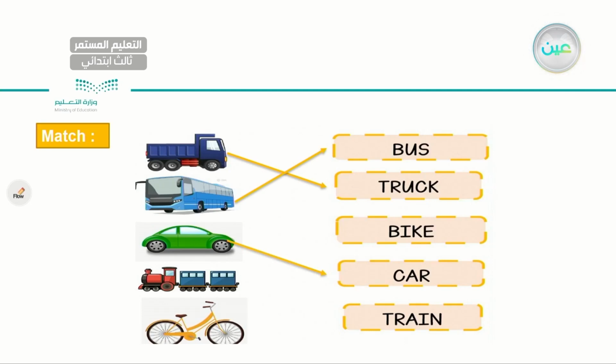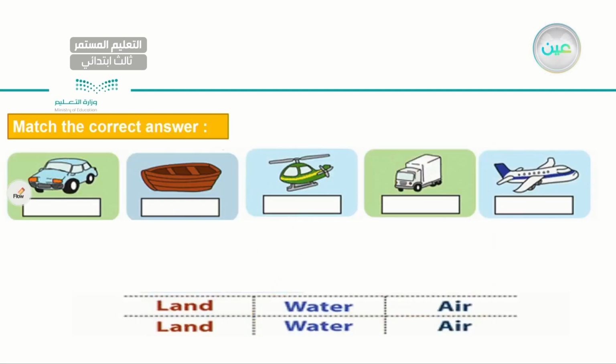Now, I have two pictures remaining, and I have bike and train. Here I have a red and blue train. Very good. And there, for the last picture, I have a yellow bike. So let's read our answers. Truck, bus, car, train, and bike. Very good, my dear student.